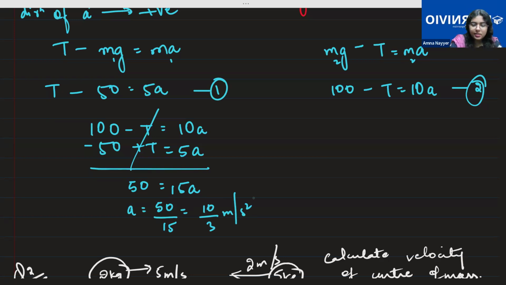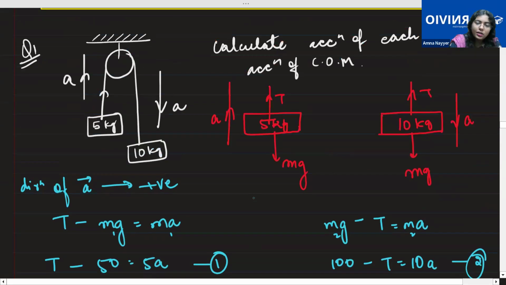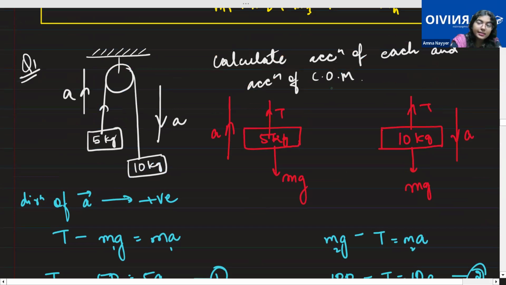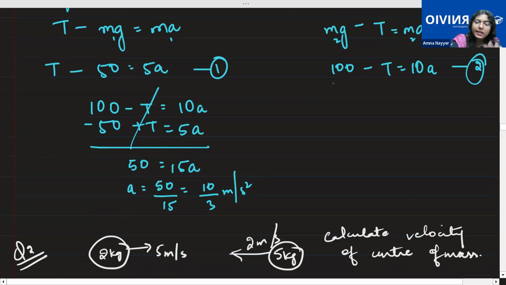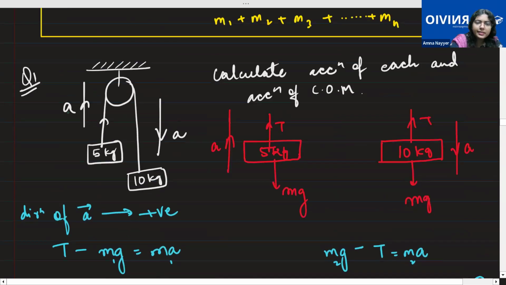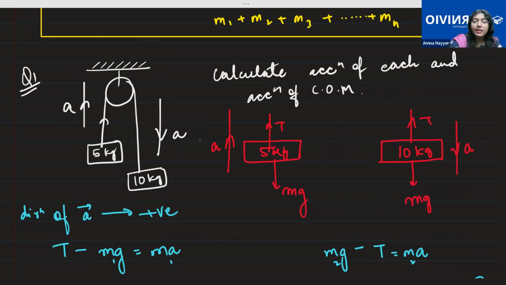Now that's the acceleration. For the center of mass, it says calculate the acceleration of center of mass. Individually, we have calculated the acceleration. Let's say this direction is going upwards. We have to do the sign convention because both the directions of acceleration are opposite to each other. So this will be plus 10 by 3, and this will be minus 10 by 3, because they are two vectors in opposite directions. The one going upwards will be plus and the one going downwards will be minus.